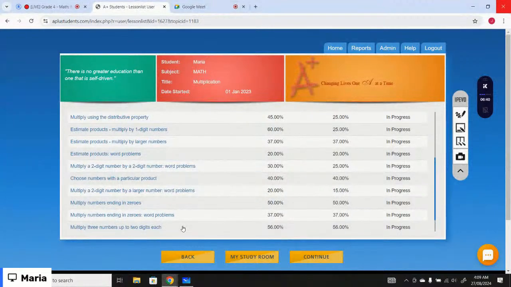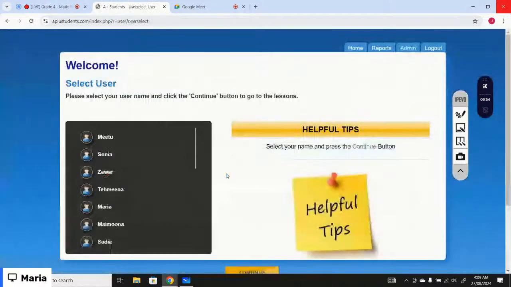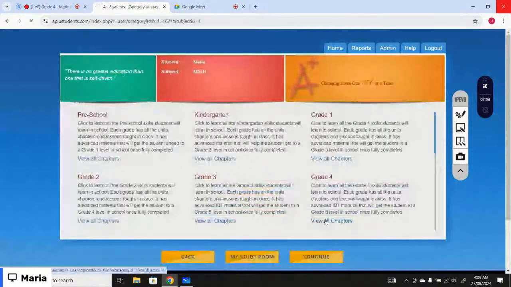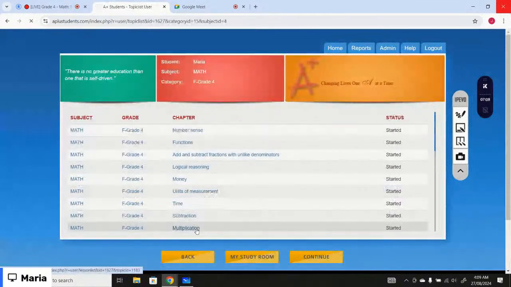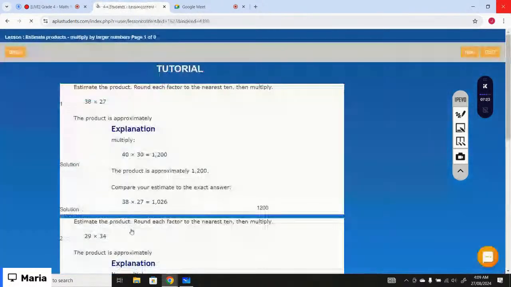Let's just start with the lesson, that is estimate products multiply by larger numbers.